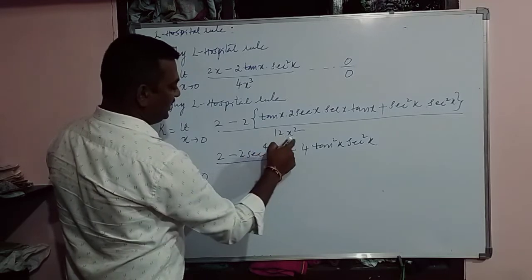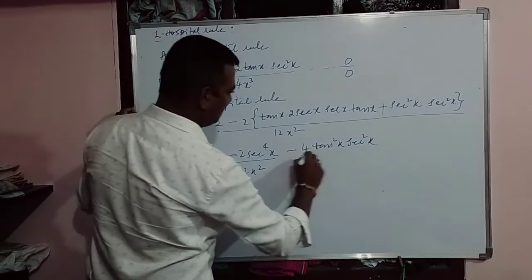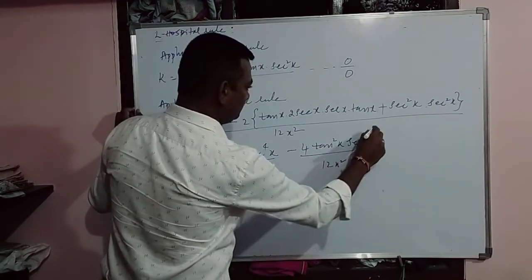I will take these two separately, that is divided by 12x square, divided by 12x square.